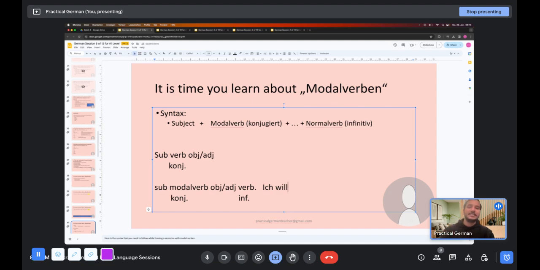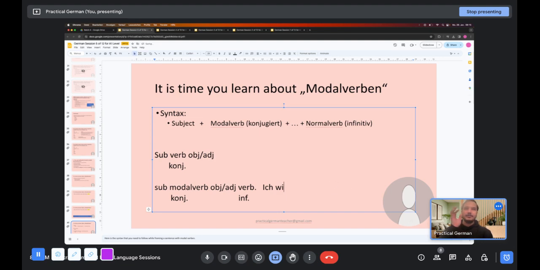Ich will, du willst, er will, sie will, ihr wollt. And then it's an adjective. Rich is reich, and to become is werden. So: ich will reich werden. If you want to say I want to learn German, ich will lernen. What do you want to learn? German, Deutsch. Okay, that's it. This is very simple.